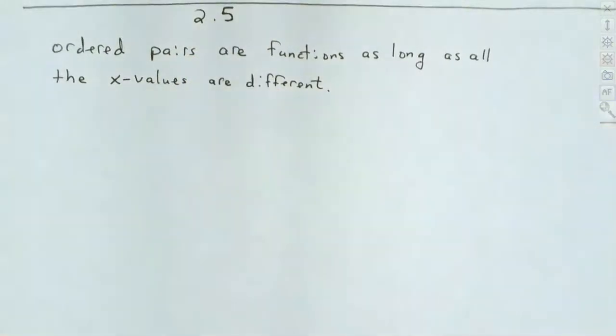And that's the easiest definition that I can give you. We'll talk more about what a function is in the next section, but this one's just looking at ordered pairs. So ordered pairs are functions as long as all the x values are different.